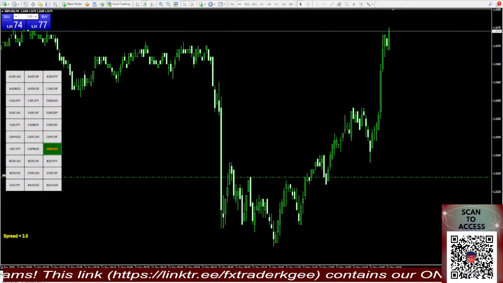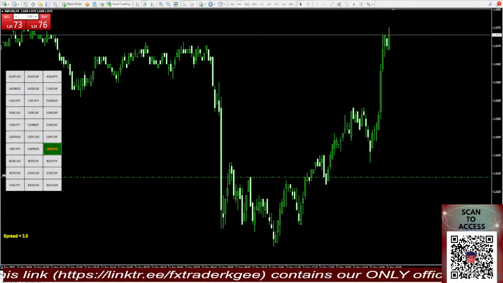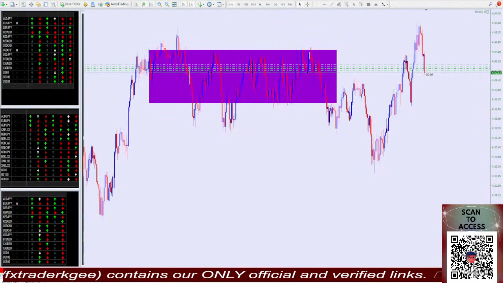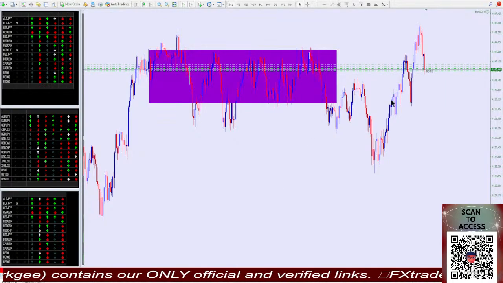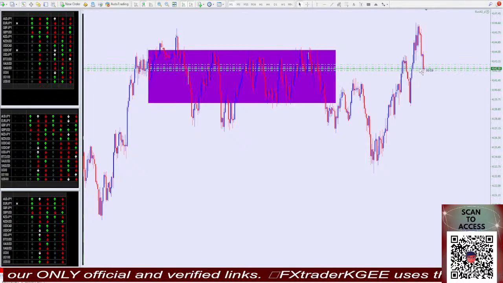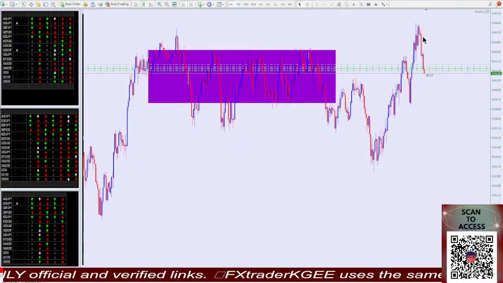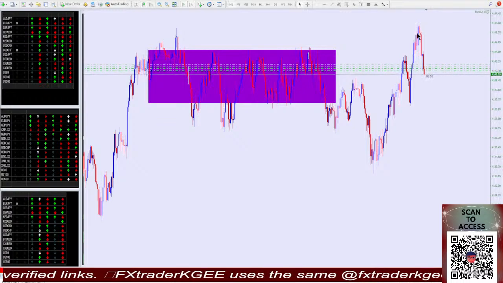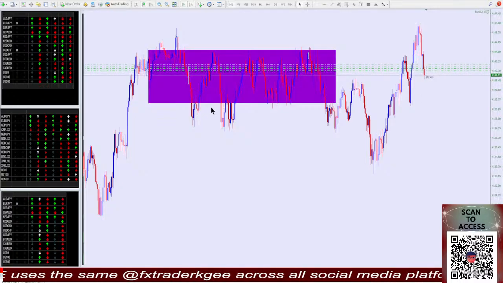Let's check the XAUUSD. I was actually seeing that price had moved past the sell entry, and it's currently, if it goes against, there is a point I'm going to exit from.